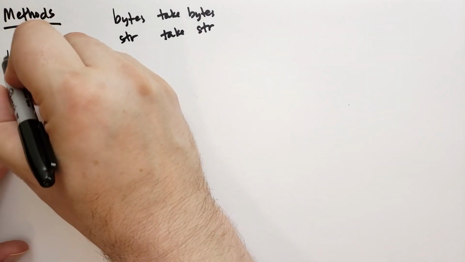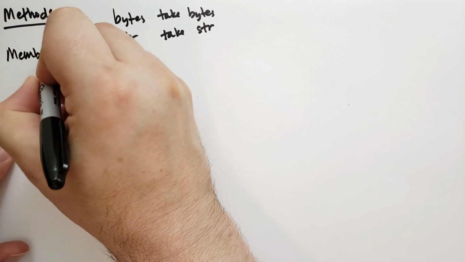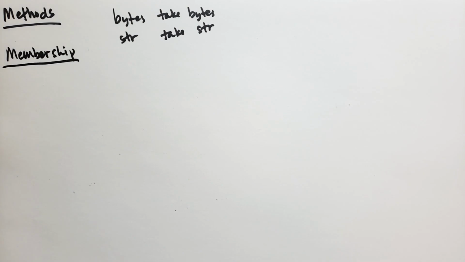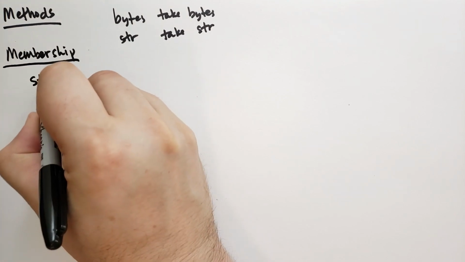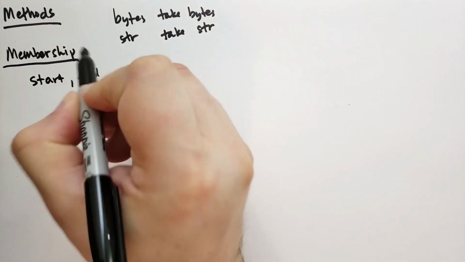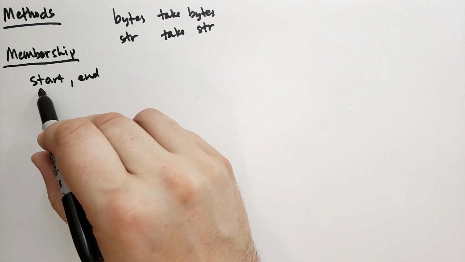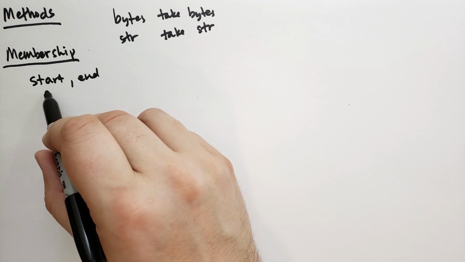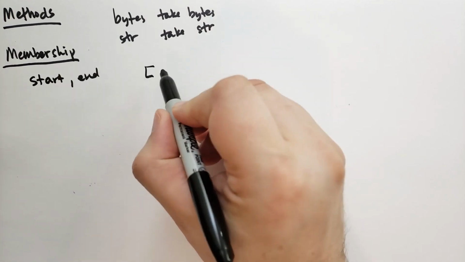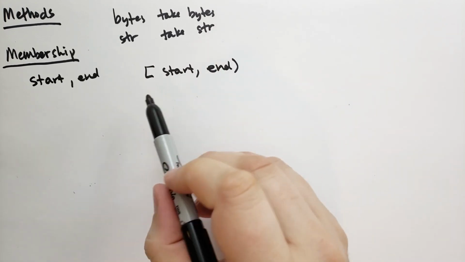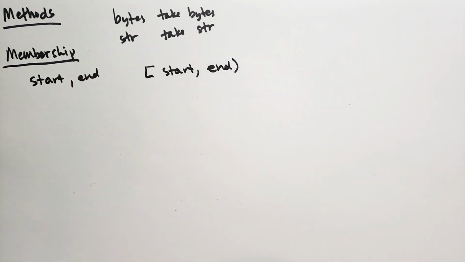So the first one is membership. These are functions that look at what's in the string or bytes and try to figure out where it is or how many there are, things like that. So most of these take start and end as optional parameters. Basically, this is if you took the string or bytes and broke it up into a substring starting at start, so I'll put square brace start, and then going up to but not including end, and then this membership test will only be for that range.